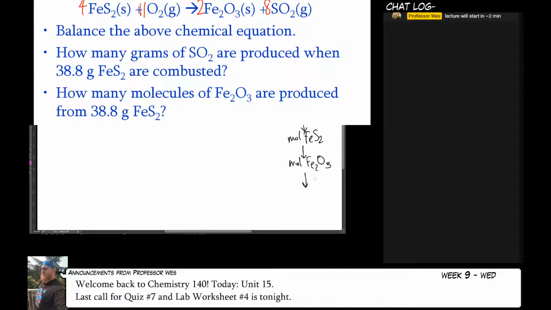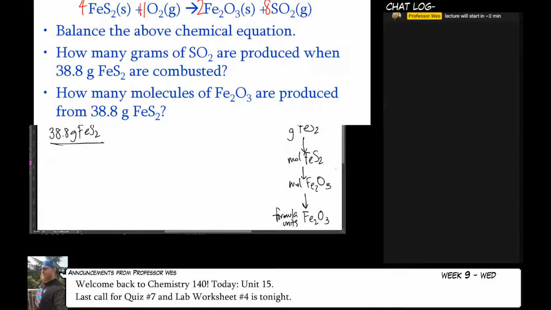Oops, you can't see that, but I'll scroll back up. And then we'll turn that into formula units or particles of Fe2O3. So there's our blueprint right there. You can barely see it because I'm going to scroll this up in a second.